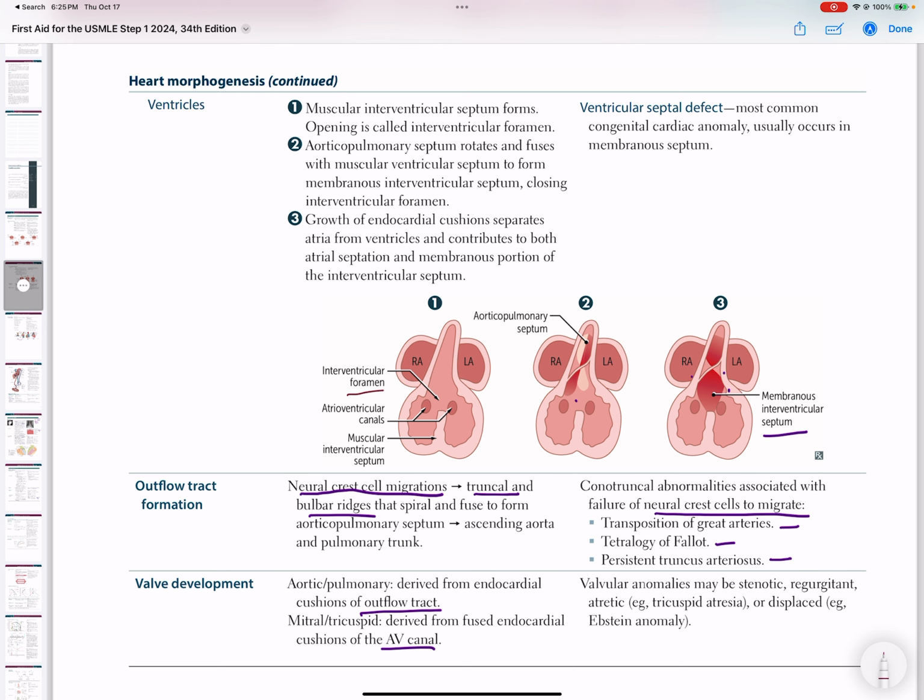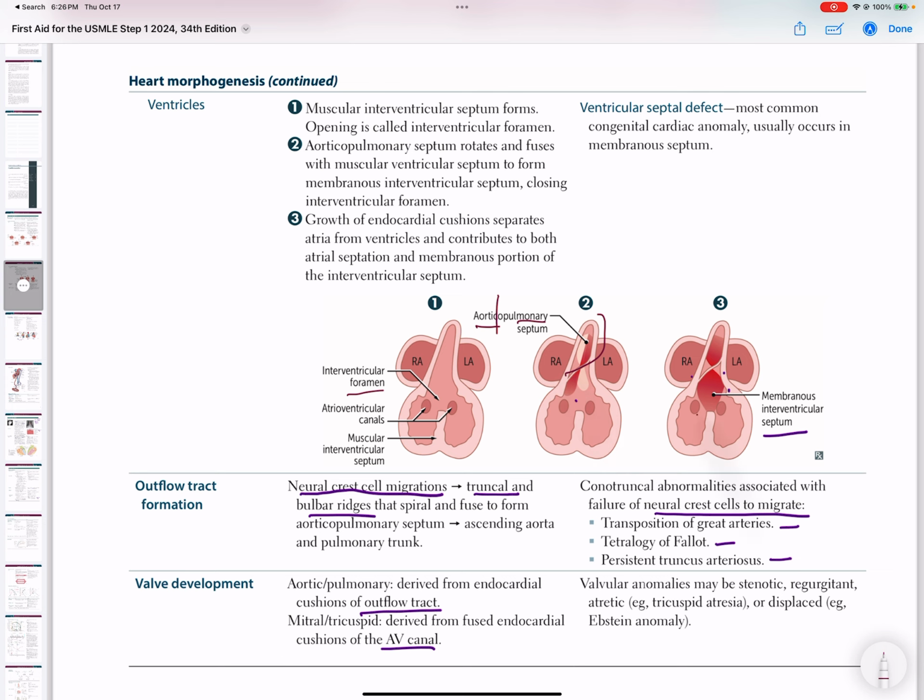After it forms, there is the aorticopulmonary septum, which later gives rise to the aorta and the pulmonary artery, the pulmonary trunk. So this septum rotates and fuses. If you can see here, it rotates and fuses, closing the interventricular foramen.